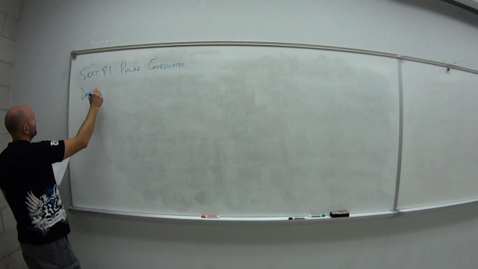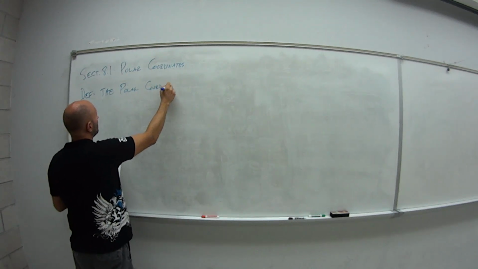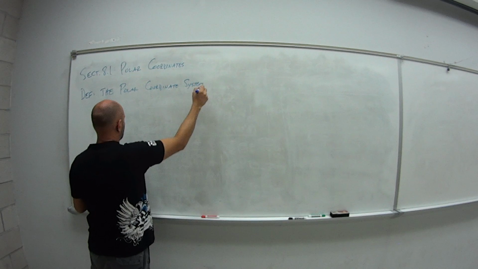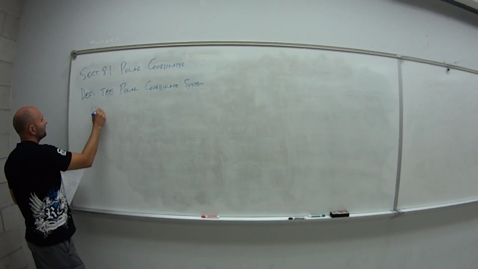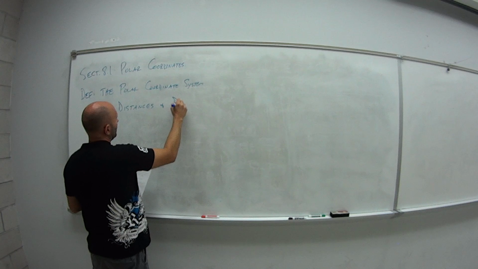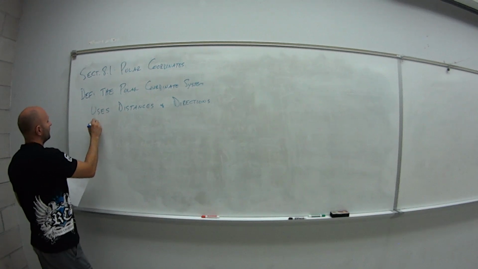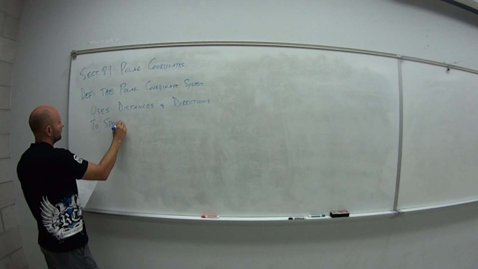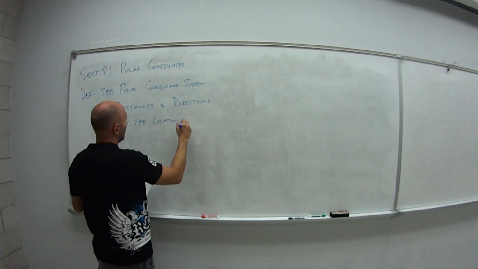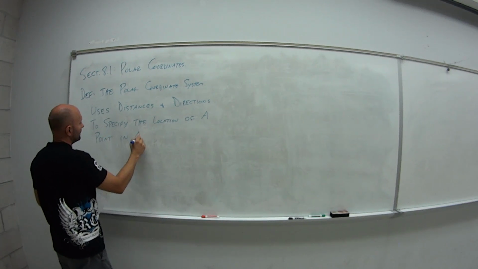for polar coordinate system. We have that the polar coordinate system uses distances and directions to specify the location of a point in a plane.